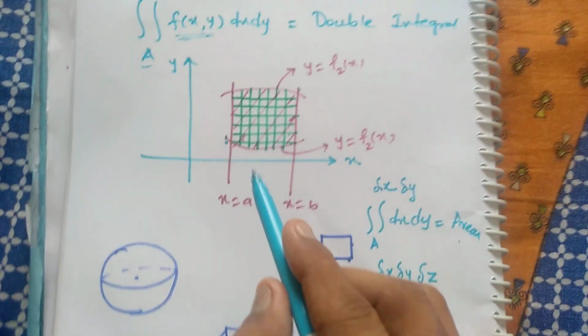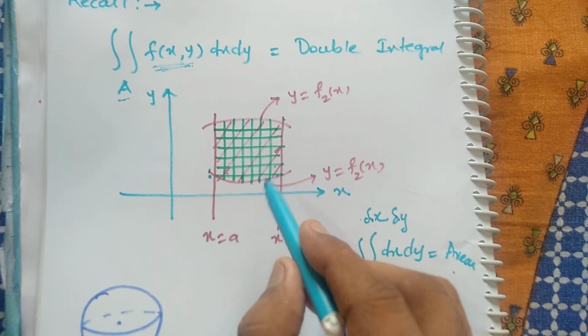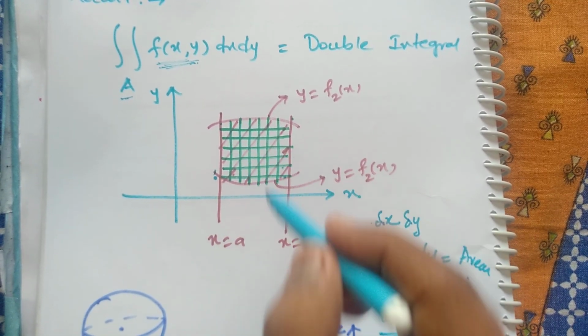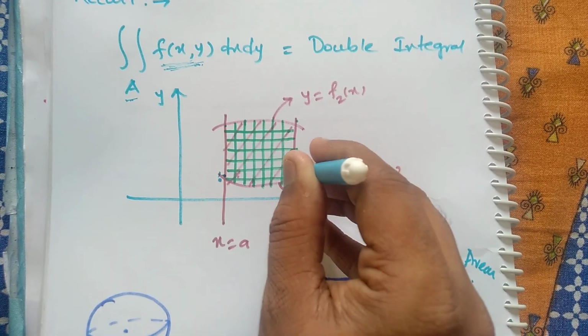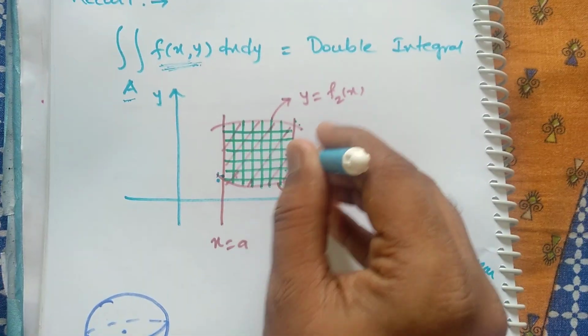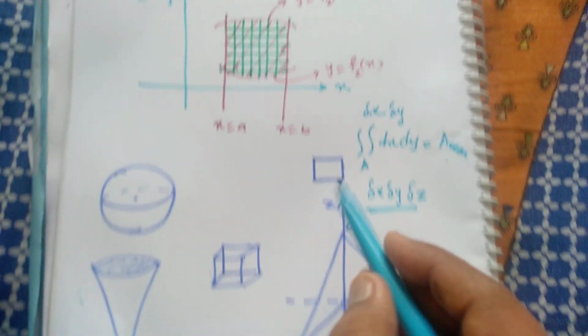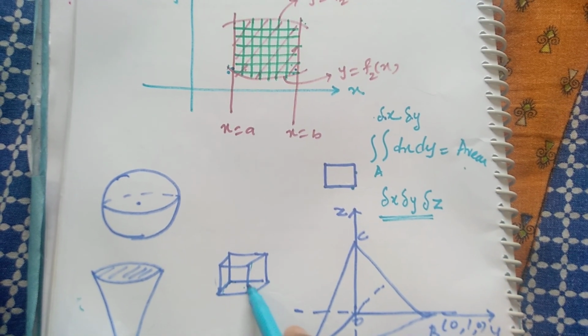Now when you want to extend this concept of double integration to triple integration, we have to add one dimension, that is z, which we call the height. That means if you give this z height to the area everywhere, the area converts to a volume. As an example, this is a rectangle in two dimensions.